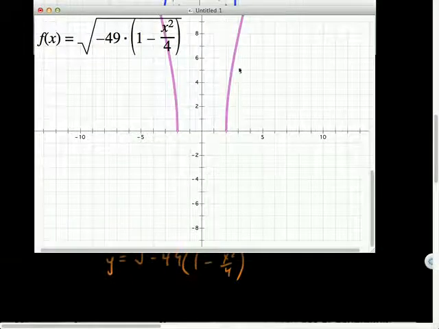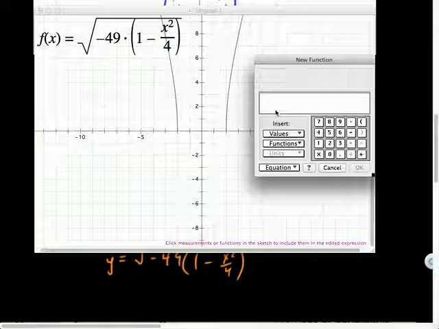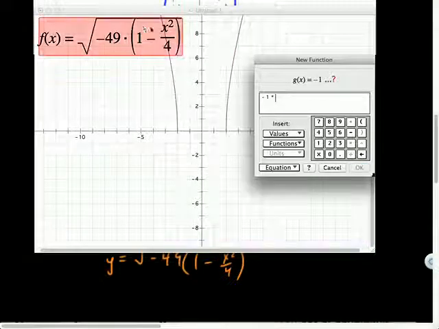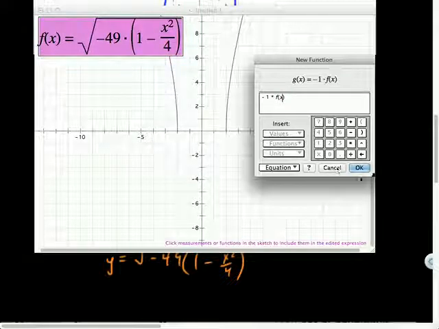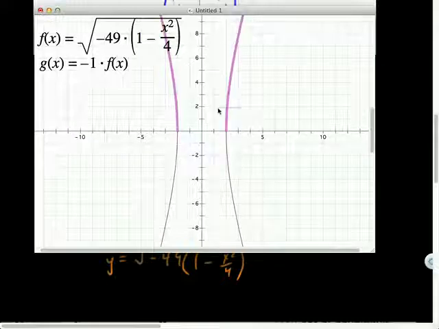So you can see just the top half is plotted. And then if I graph negative 1 times this, I bet I could. And there's the bottom half. So the negative square root of that gives me the bottom half.